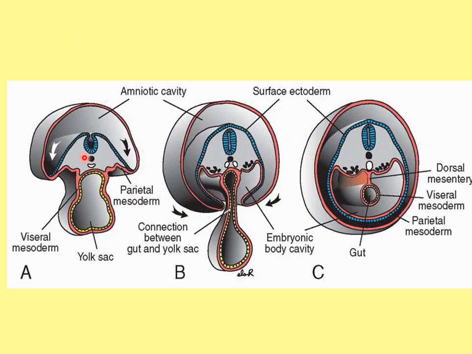Here the picture shows how the lateral wall, the somatopleure, the ectoderm along with the parietal or somatic layer of the lateral plate mesoderm, these lateral body folds, migrate ventrally and then meet together anteriorly in the midline.